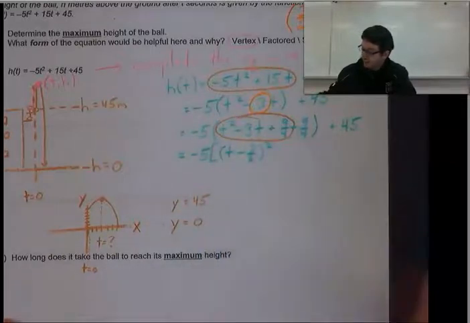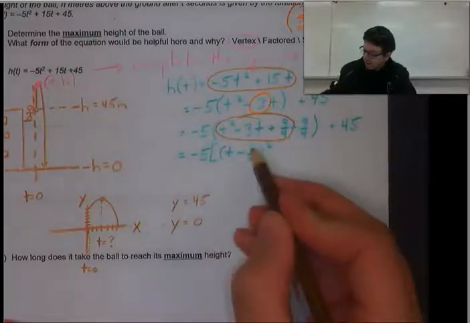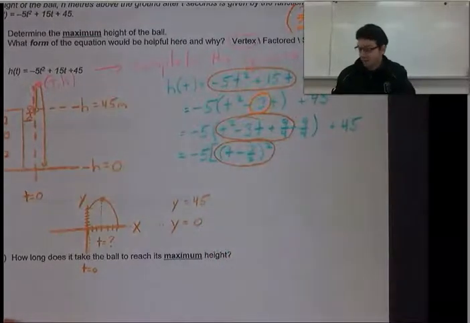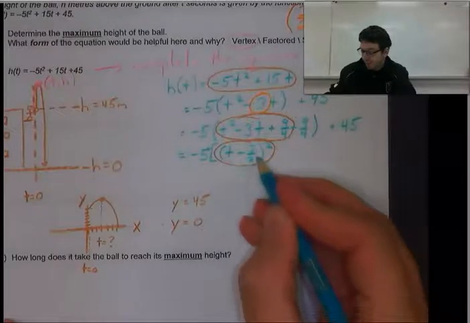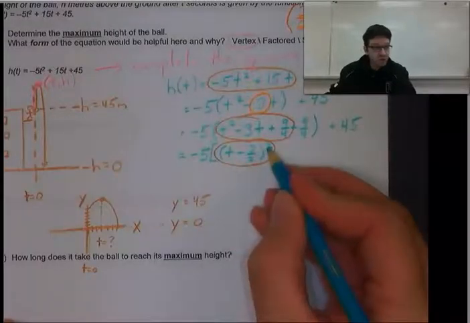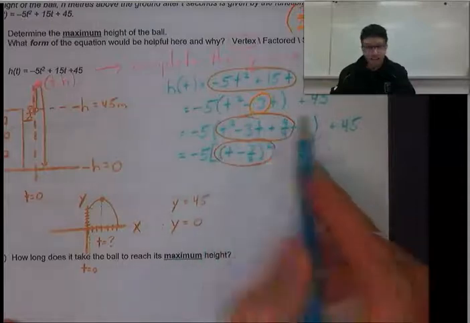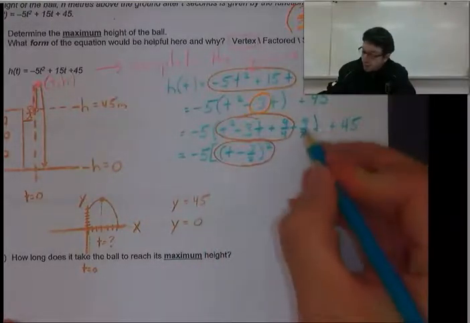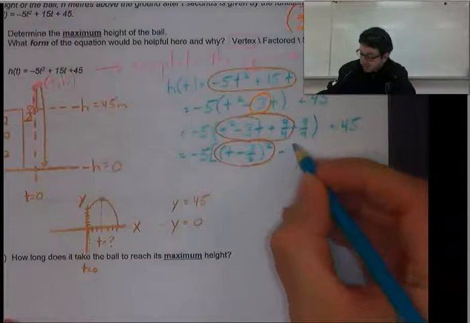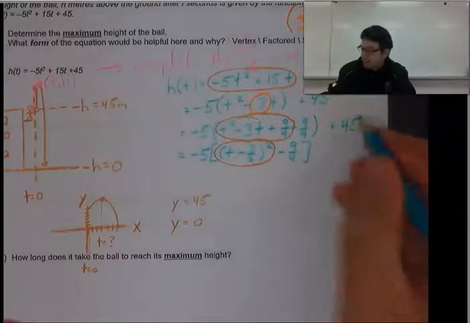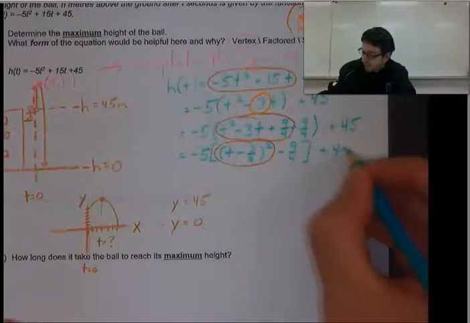This trinomial factors into that, which is why we call it a perfect square, because this binomial multiplied by itself gives us that trinomial. And then we still have this minus 9 over 4 over here, and we still have this 45. That's going to be sitting out there for a while.